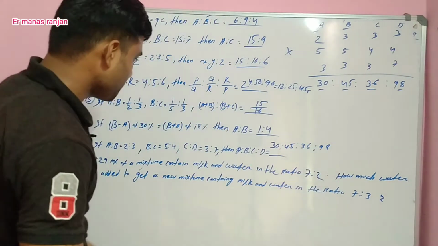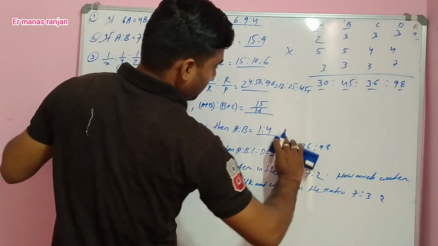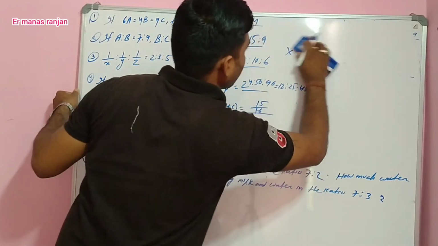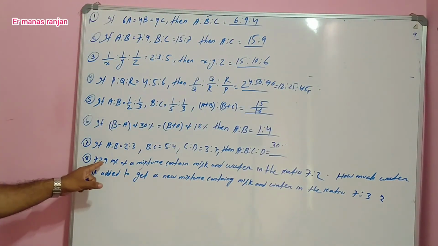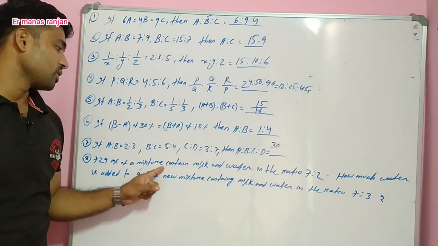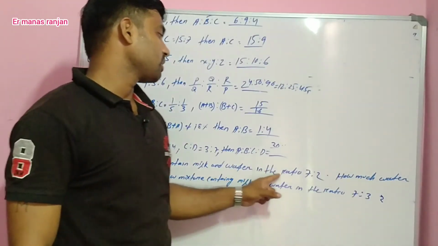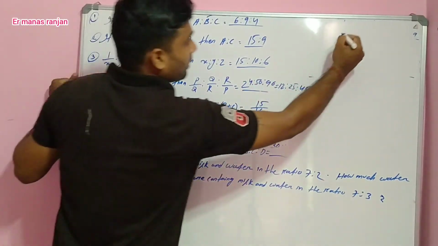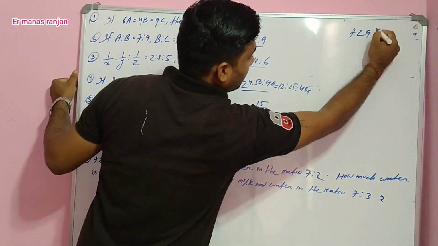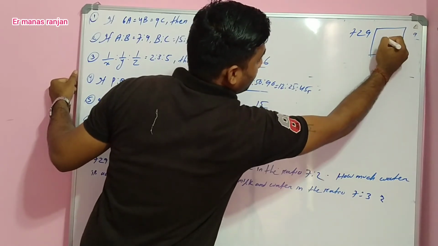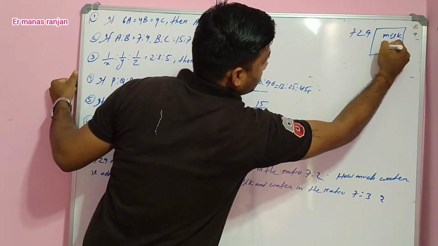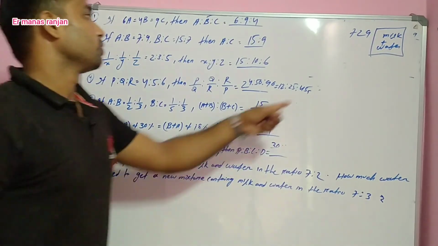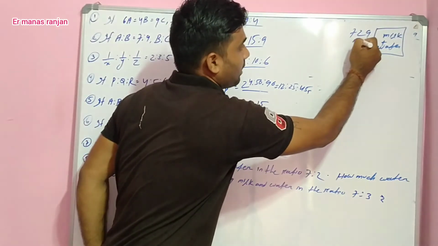Okay. Here there is a question given. Look at here. 729 milliliter of a mixture contains milk and water in the ratio 7 is to 2. Milk plus water is a mixture of milk and water which is 729 milliliter.